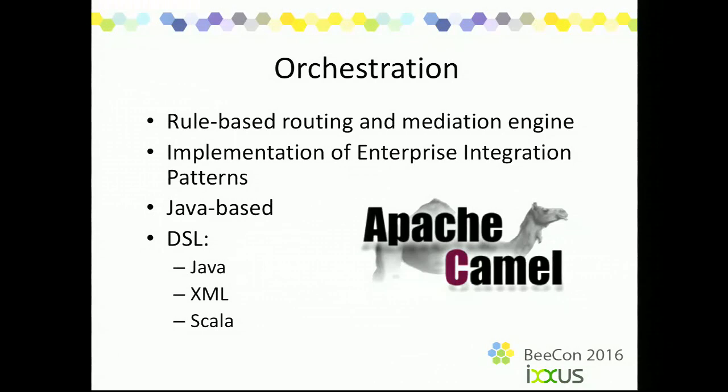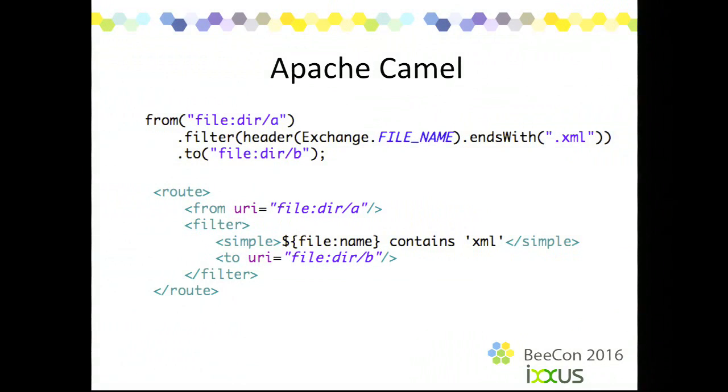So they provide different languages for you to do it. This is a typical example of Apache Camel. You have some files in folder A. You want to move the XML files to folder B. And this is how it works from the Java DSL and from the XML DSL.